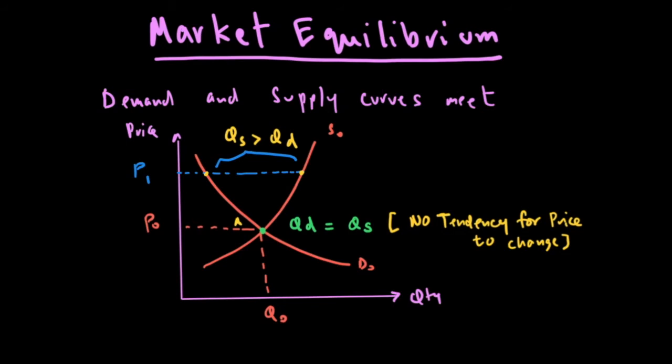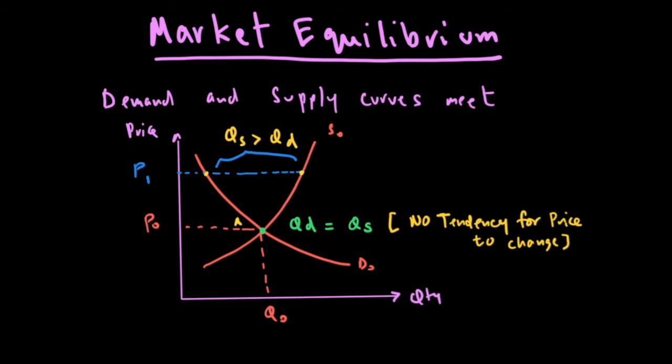At P1, because the price was too high, the producers got encouraged and ended up producing more than what was demanded. And because the price was higher than what the consumers wanted, we have a surplus. So the only way to get rid of the surplus is by lowering the price.